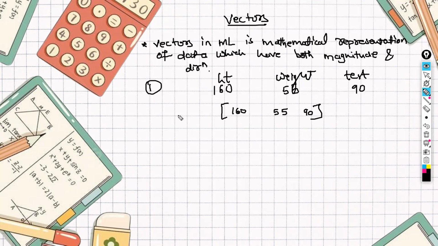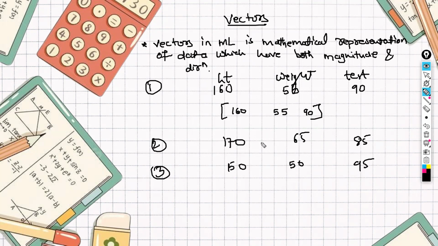Similarly, if I have the data of more than one student, like if we have another student having his height as 170 centimeter, the weight is 65 kg, and the test score is 85. And similarly, we have a third student also having his height as 150 centimeter, the weight is 50 kg, and the test score is 95.